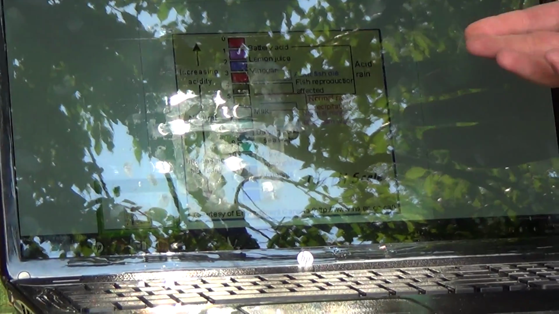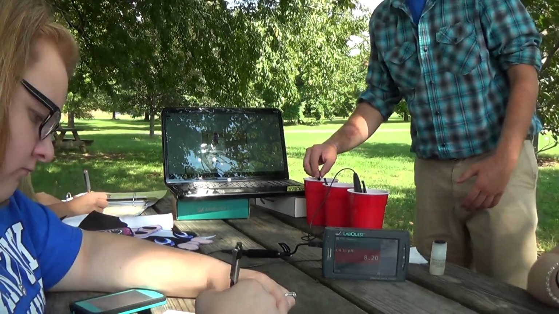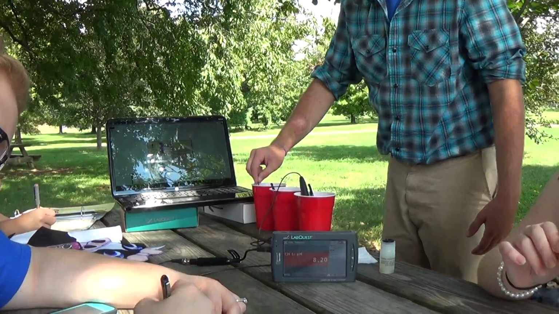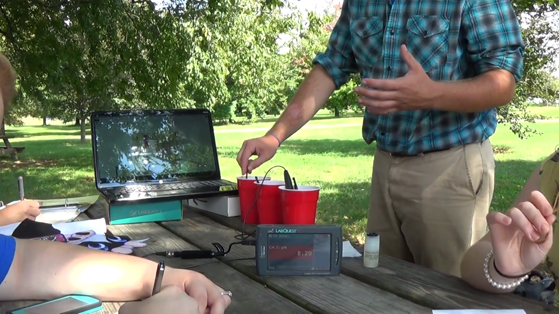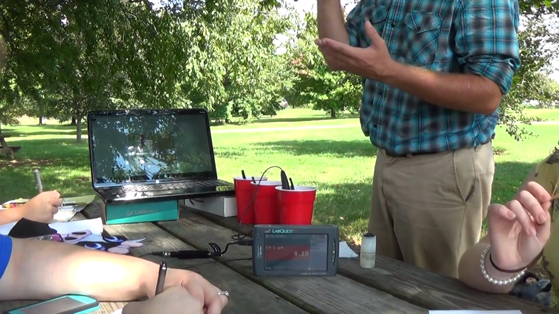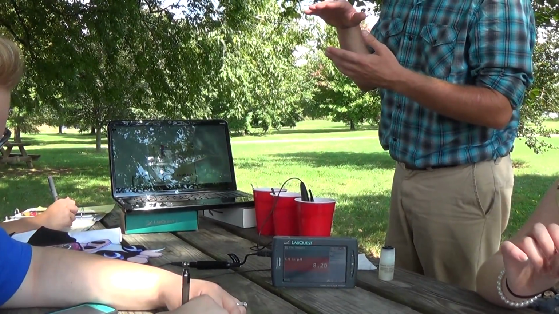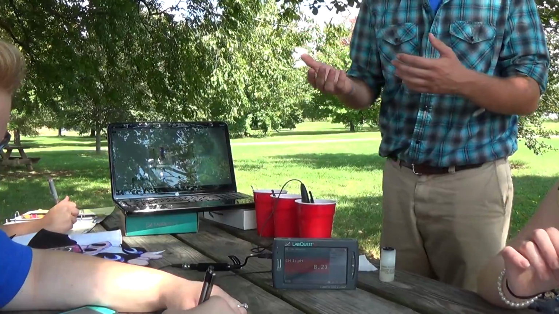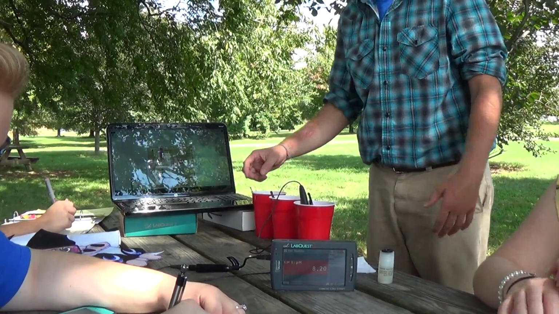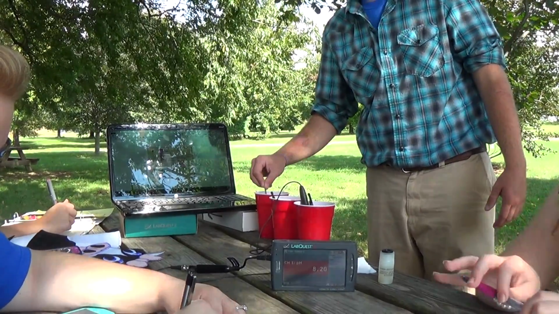Around 4 into 3, all your adult fish die. And the further you get from 7, as you go up or down, reproduction starts getting messed up with the fish, so they don't reproduce right, and then eventually they just end up dying.